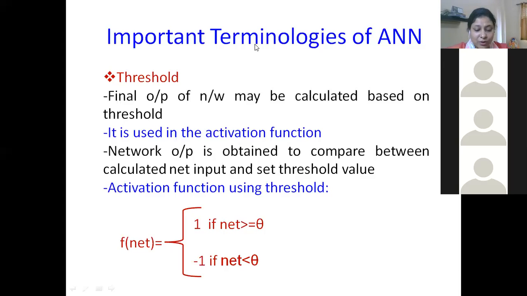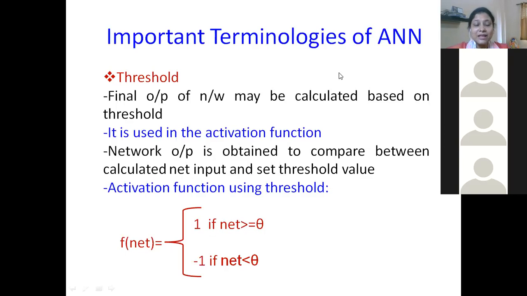This threshold is applied inside the activation function, which we already covered in the previous class, like the step function, ramp function, and signum function. Whenever you have this kind of network, the network output is obtained by comparing the calculated net input, which we saw in the previous slide, with the set threshold value. That means we have a certain threshold value that we want to reach.